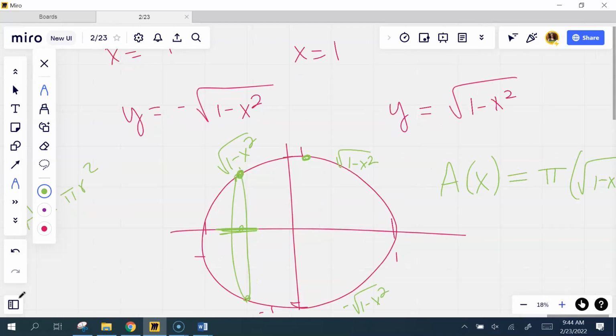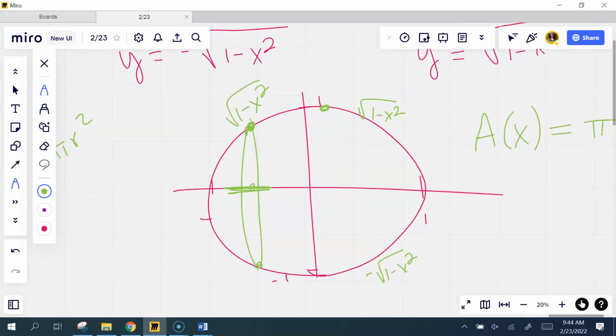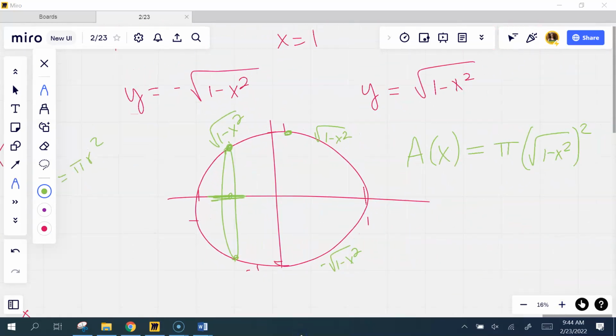But they cancel, so the... Wait, what's the radius again? I thought you said the radius was a half. Why is it not half? Half of the diameter, sure, but where are y'all getting a half from? You're listening to Dylan. Don't listen to Dylan.